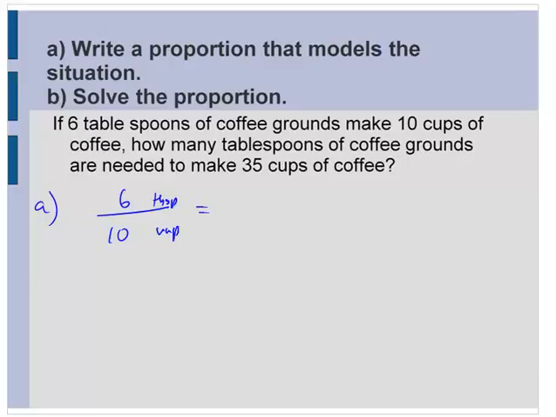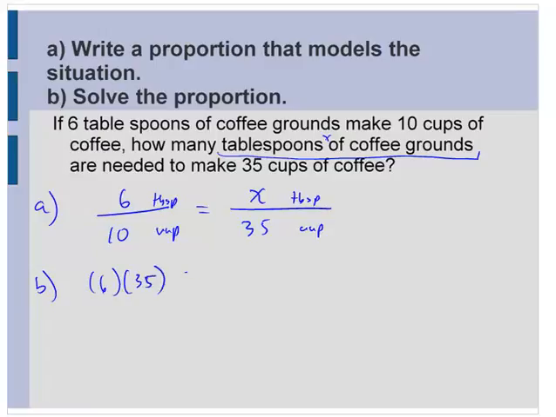How many tablespoons of coffee grounds? There's my x. X tablespoons to 35 cups. Solving it, 6 by 35 is equal to 10 by x. 210 is equal to 10x, and dividing by 10, x is 21 tablespoons.